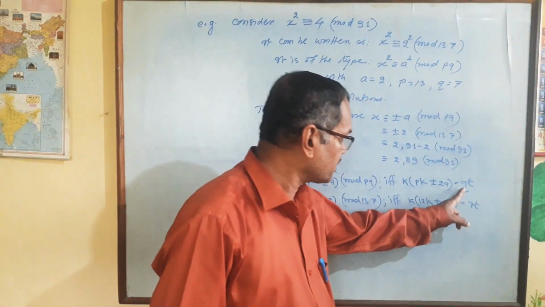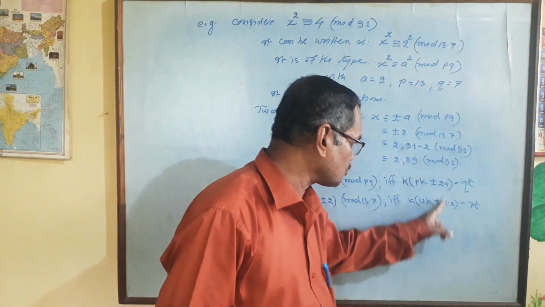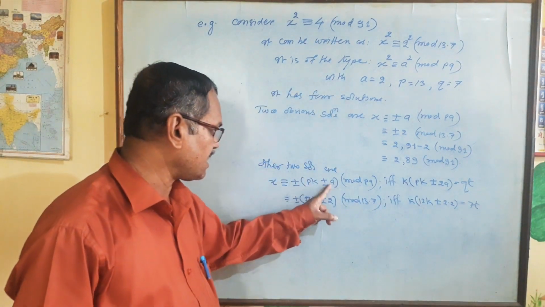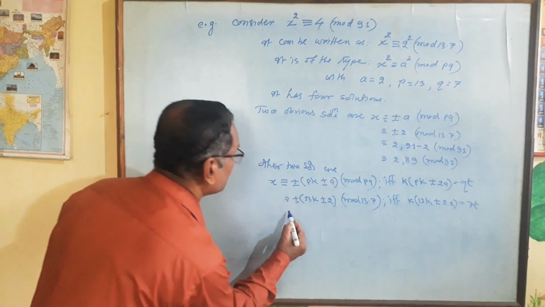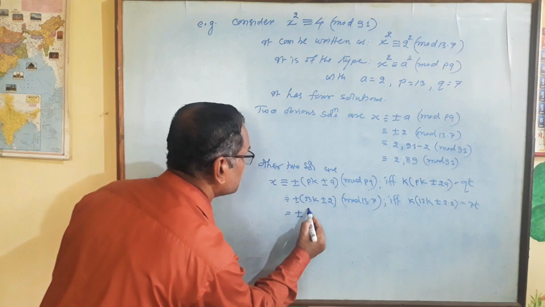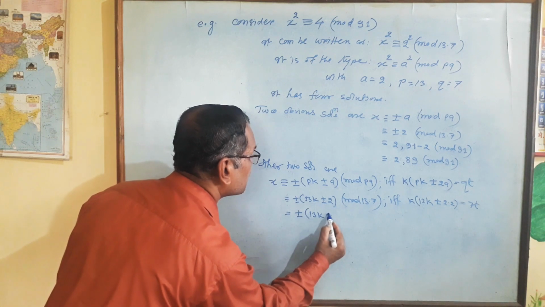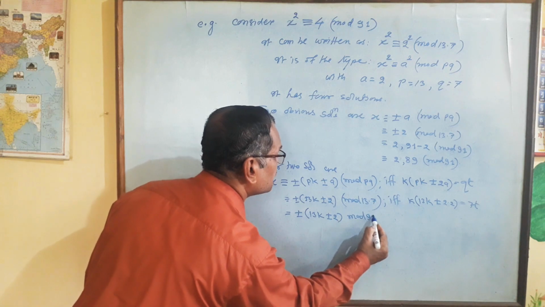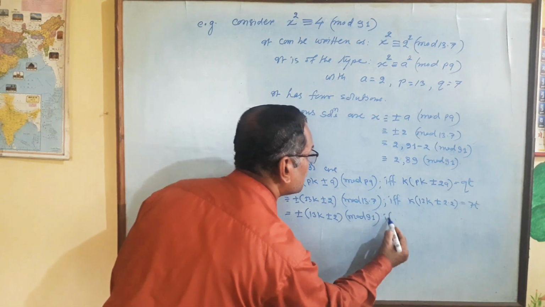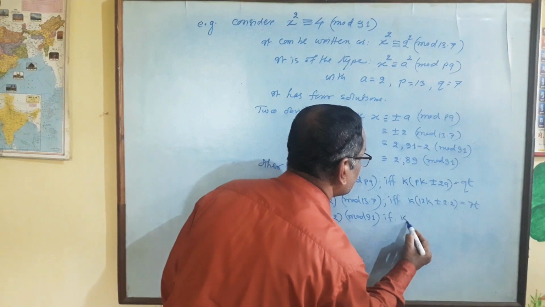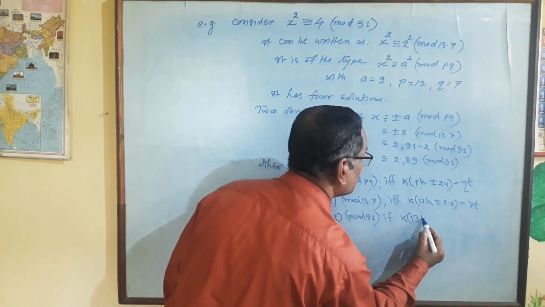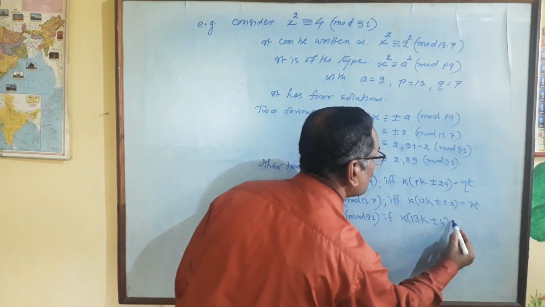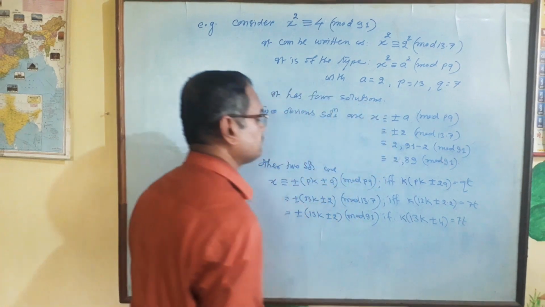The known values of q, a and p are substituted in the formula. And simplifying, what we get? Plus minus 13k plus minus 2 mod 91. If this gives k into 13k plus minus 4 is equal to 70.